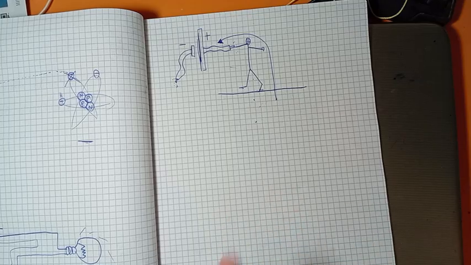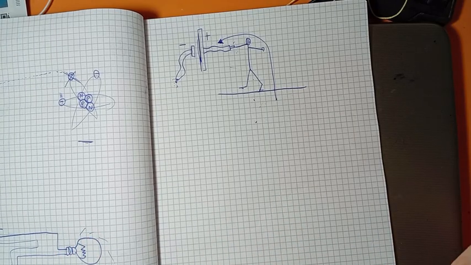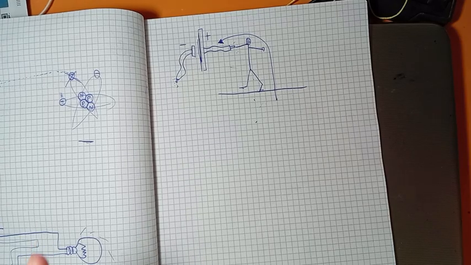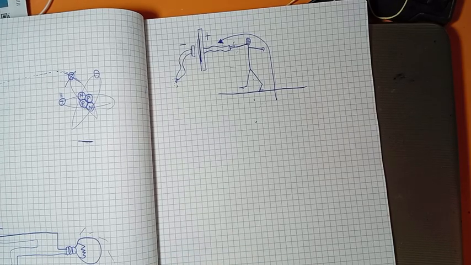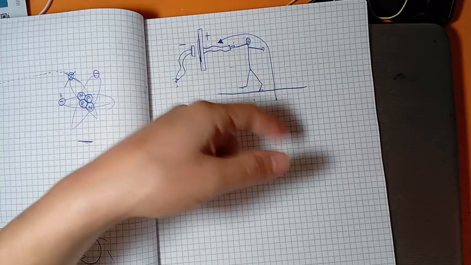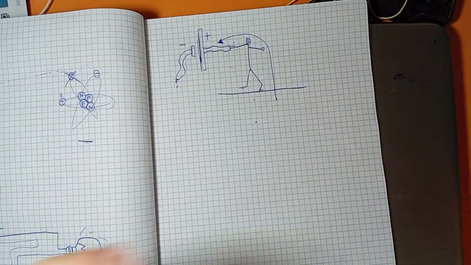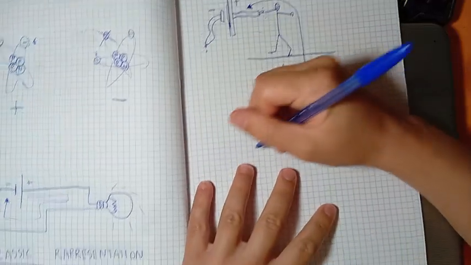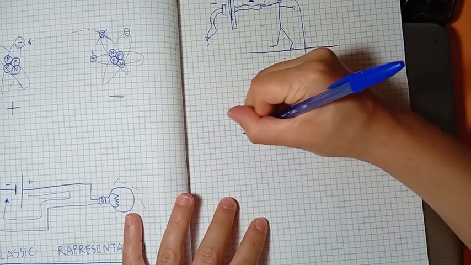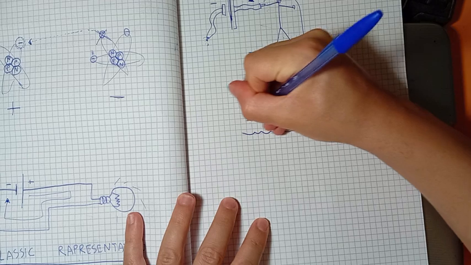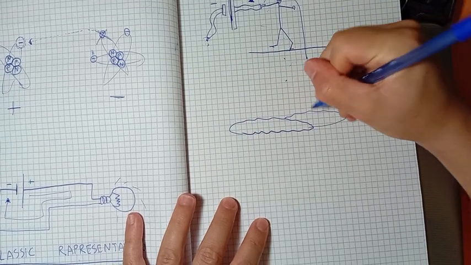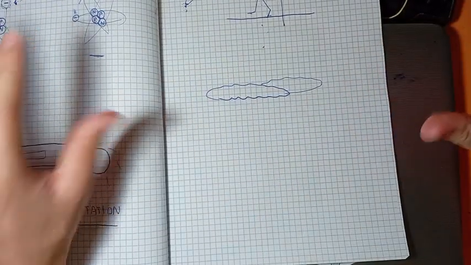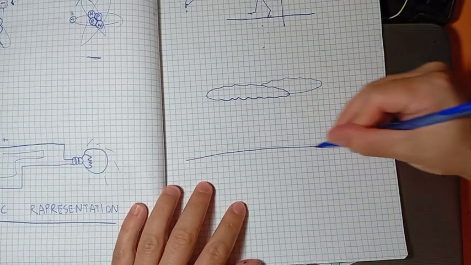But when the difference of potential is really, really high, when the difference of potential is enormously high, what could happen is that this exchange of electrons will happen anyway. And we have a clear example of this. When there is a storm, you have some clouds in the sky. We have clouds in the sky, and there is the ground here.